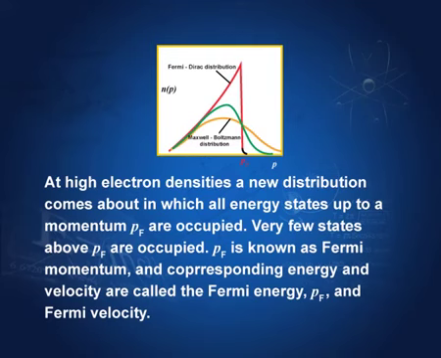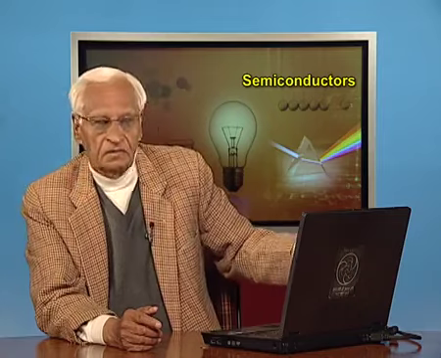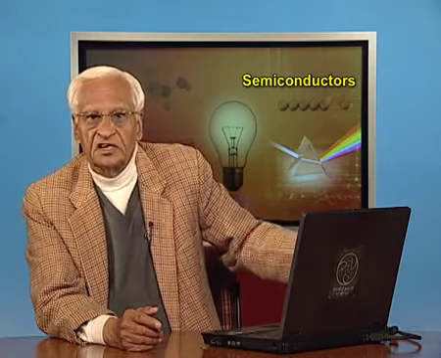This is the Fermi-Dirac distribution, and this is given by F e equal to 1 by e to the power E minus E f by k T plus 1, where E is the energy of the particle, E f is the Fermi energy, k is Boltzmann constant, T is the absolute temperature, and this F e is called the occupation number. This is the probability of a particle having energy E.